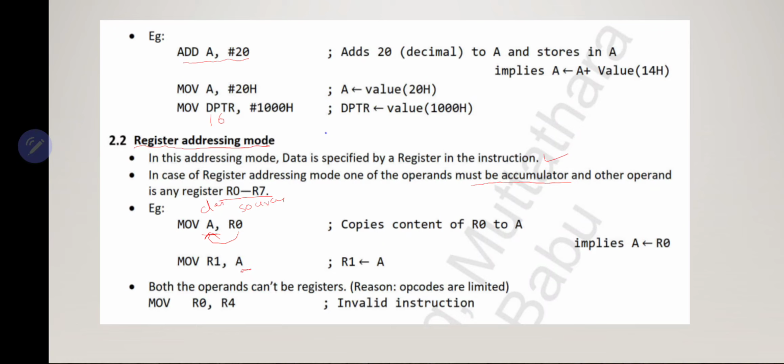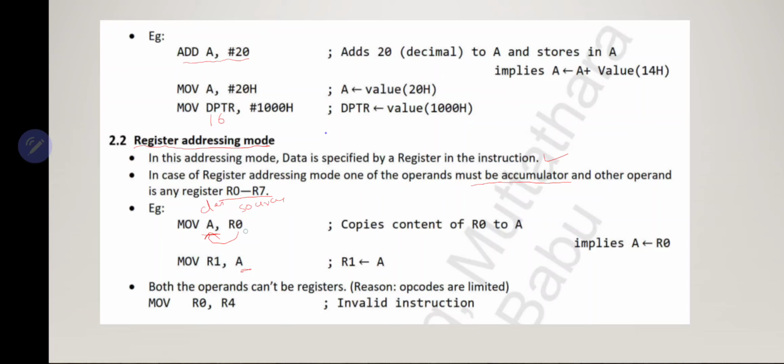A can occupy either the destination or the source position, it doesn't matter. The only important thing is that we should use the accumulator register, because we are dealing with two registers in register addressing mode.